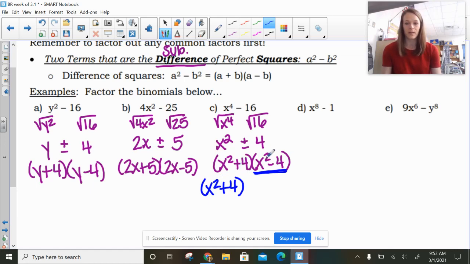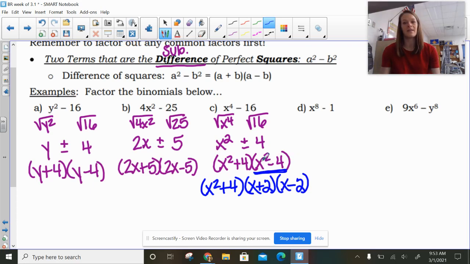And then for this one, when you do the square root of x squared, you'll get your x. You do the square root of 4, you'll get your 2. And then you'll have a plus and a minus. So this one factored one time, and then that one piece was able to factor again.